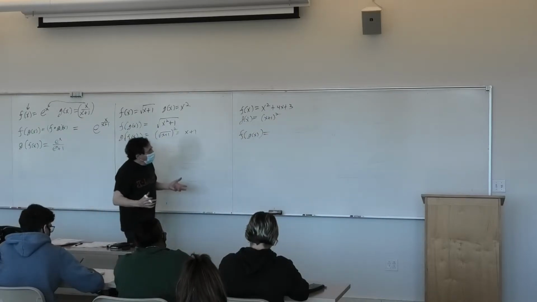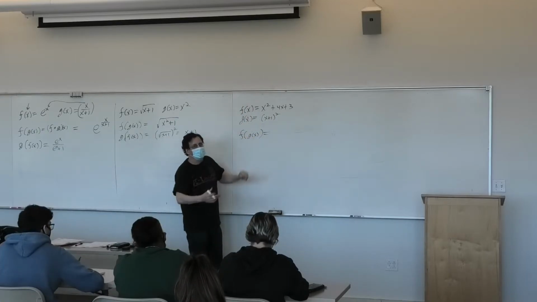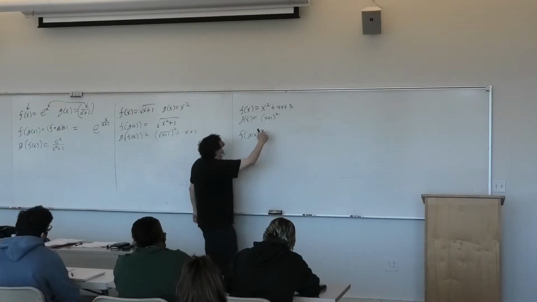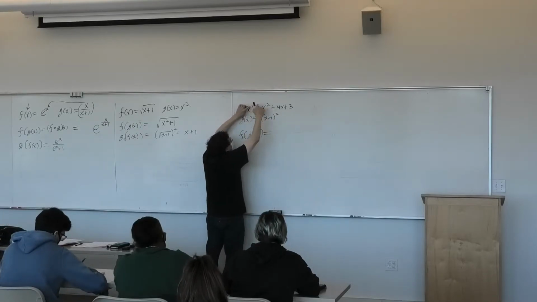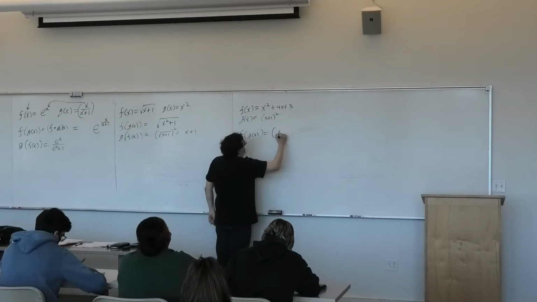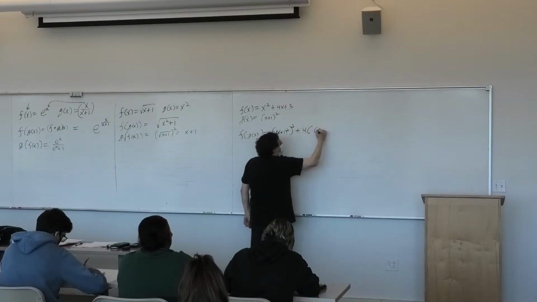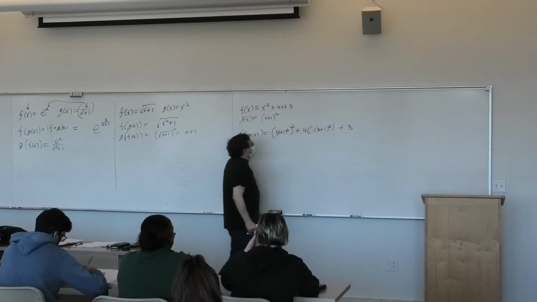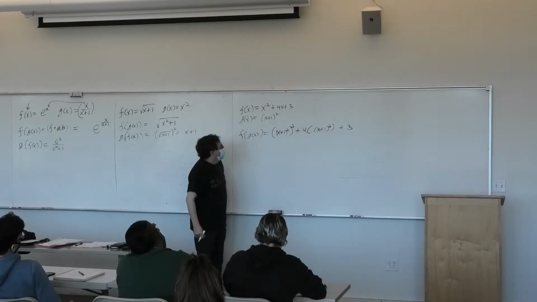With practice, it's like substitution. You just substitute the right thing in the right place. Here, we're going to substitute g of x, x plus 1 squared, into here. So we get x plus 1 squared plus 4 times x plus 1 squared plus 3. And then there's plenty of work here to simplify, but that's not necessary.